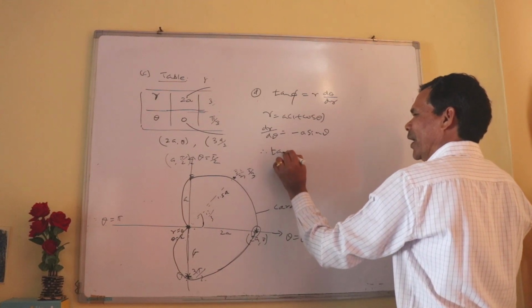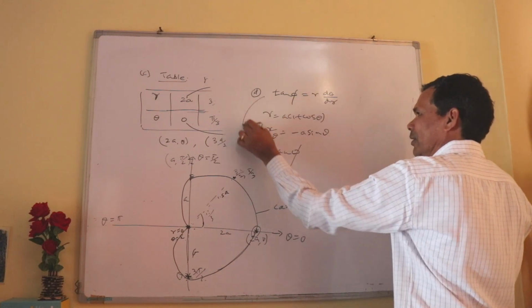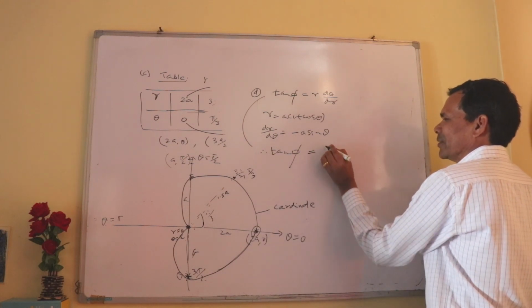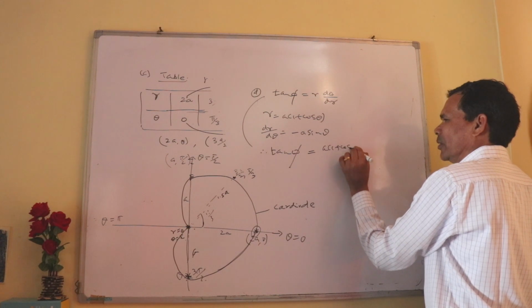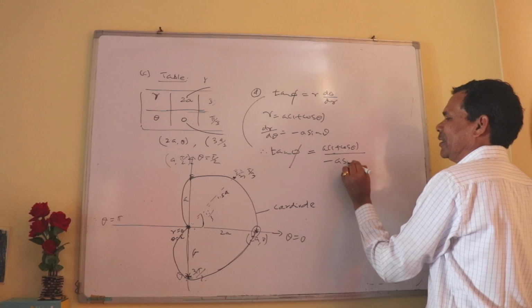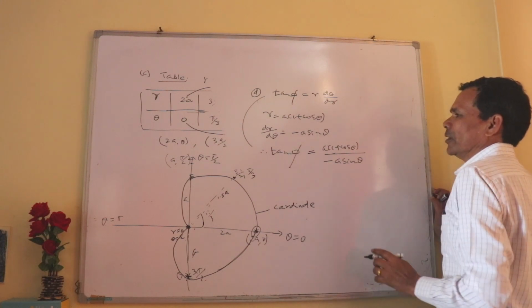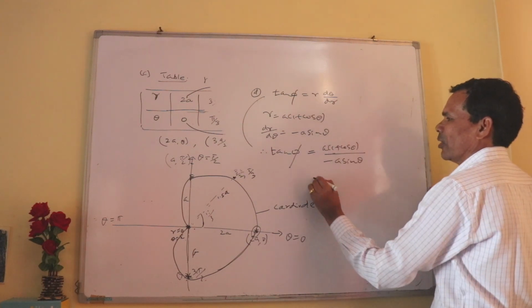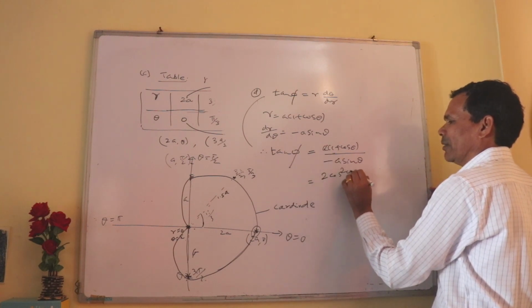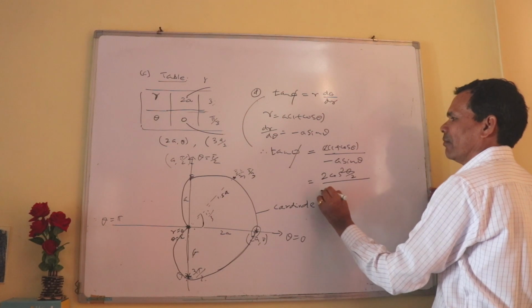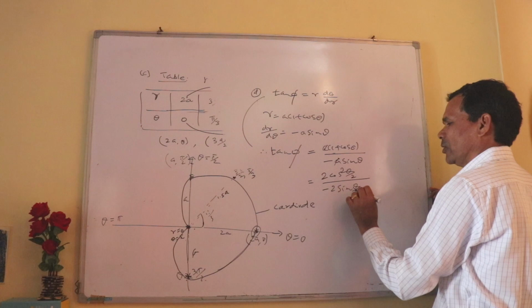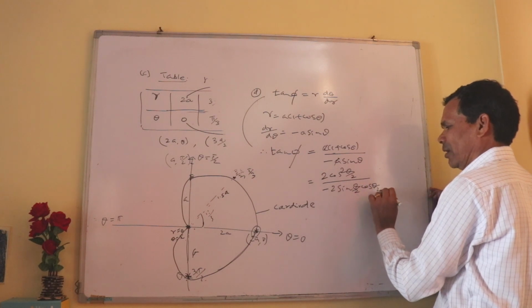Therefore tan phi is equal to r, and r is actually a(1 plus cos theta) from the equation of the curve, divided by minus a sin theta, which is dr by d theta. It is just the reciprocal of this. So a gets cancelled, 2 times cos square theta by 2 divided by minus 2 times sin theta by 2 cos theta by 2, by the half angle formula.